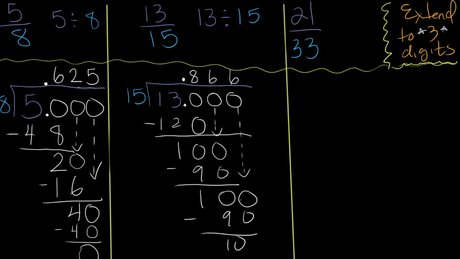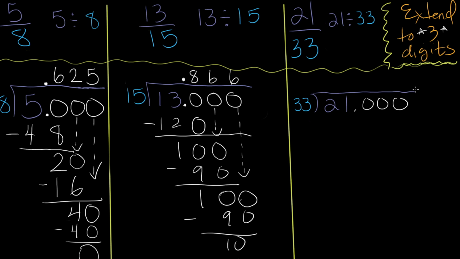Let's do our last one. 21 divided by 33. Well, that's just 21 divided by 33. Okay, so let's do that. Let's write 21 divided by 33. And you can guess we're going to do the same thing again. We're going to extend this out to 3 decimals.